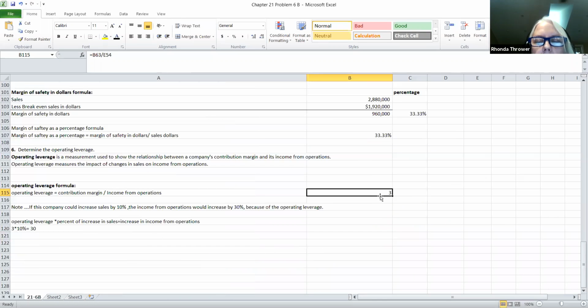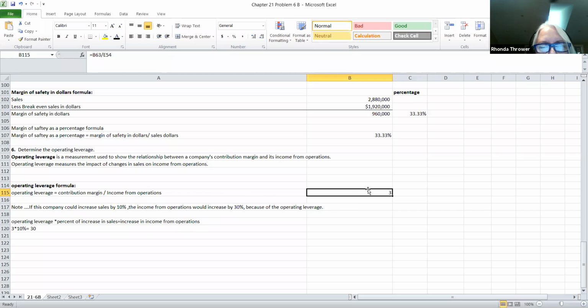And the operating leverage for this company is 3. So basically we have 3 times the contribution margin as we do the income from operations. Notice the higher this is, the better off you're going to be, that when you increase your sales, there will be a large increase in operating income.